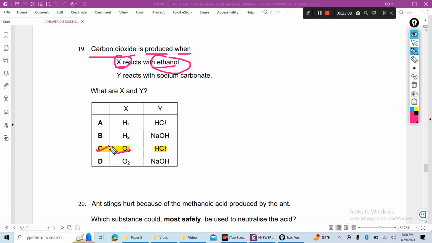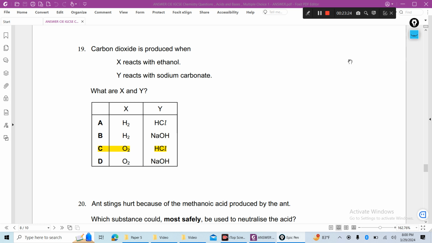So C is the correct answer. And when sodium carbonate reacts with hydrochloric acid, it gives salt plus carbon dioxide plus water, so C is the correct answer.